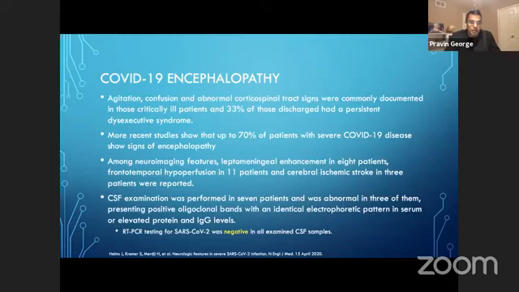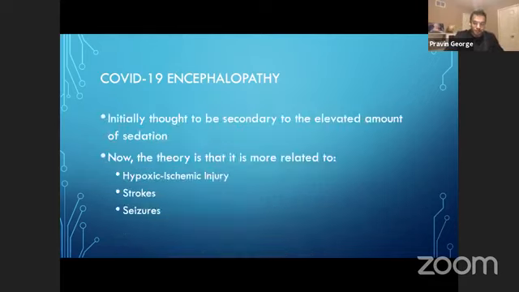Looking at it though, CSF-wise, it was performed in 7 of the patients. It was abnormal in 3 of those patients, just showing oligoclonal bands. But it was negative in all of the examined CSF samples, so the PCR as well. So the PCR being negative is this ongoing thing.